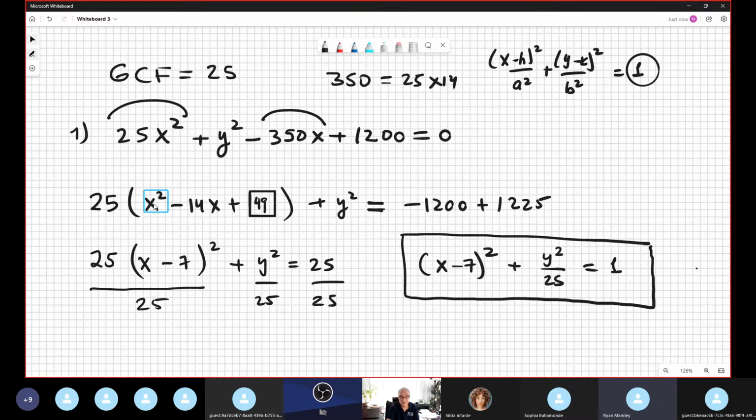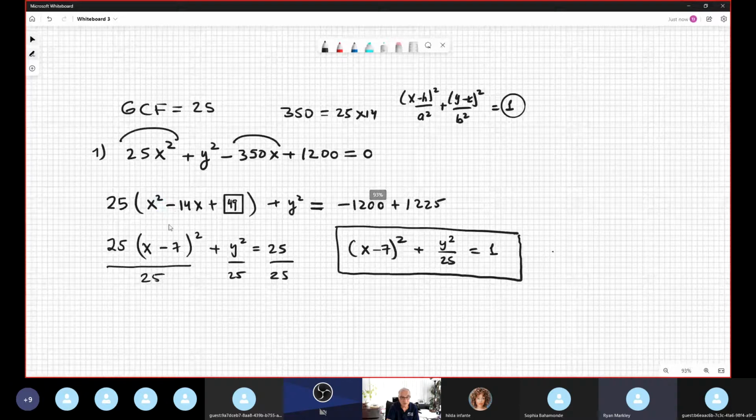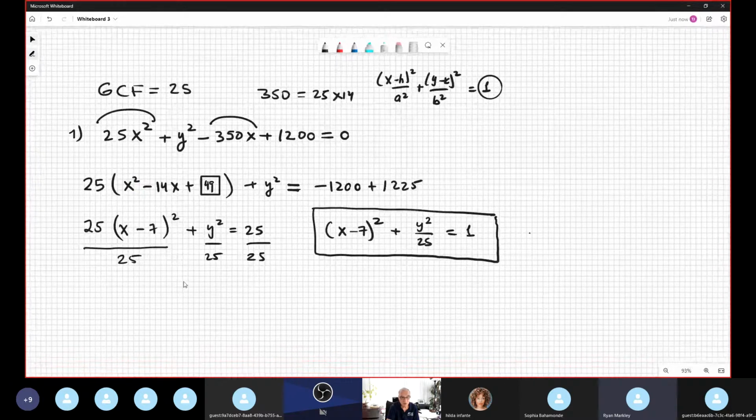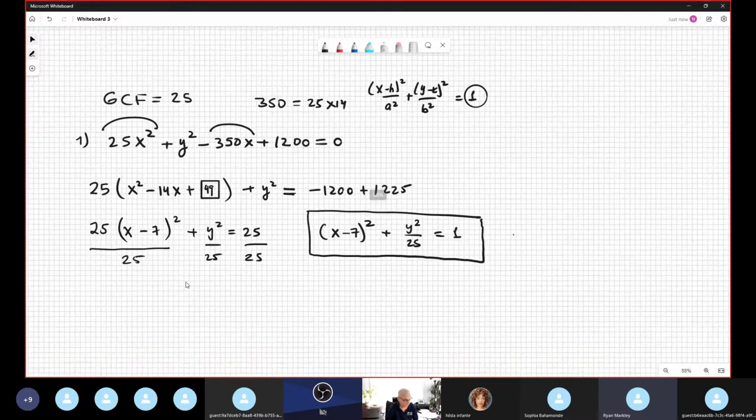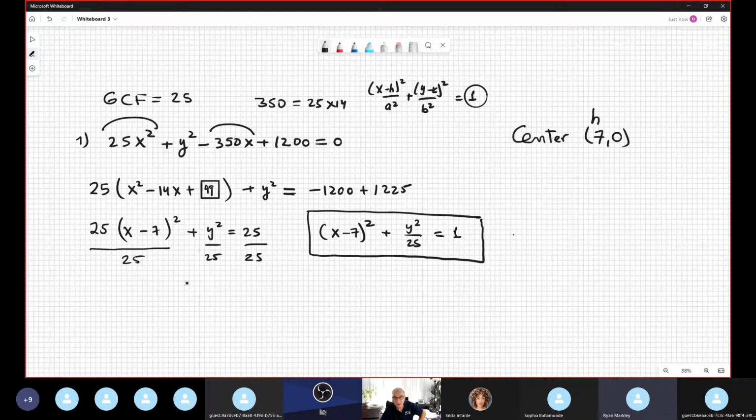Now, for me, it's easy because my habit is identification, the most important parameter of the ellipse. Look at this. I know very well that the center of this ellipse is located at the point 7, 0 because h is 7 and k is 0.